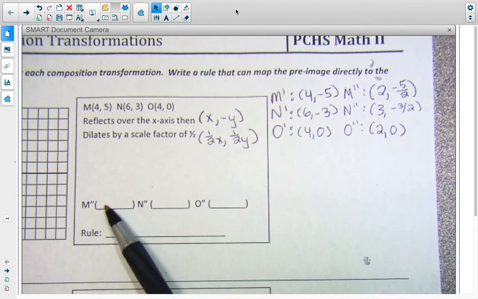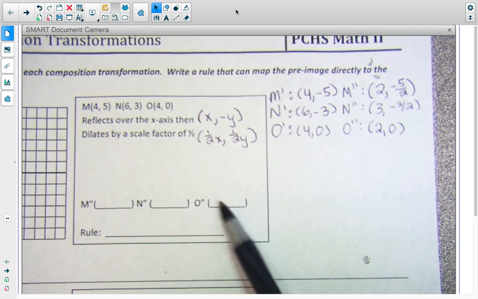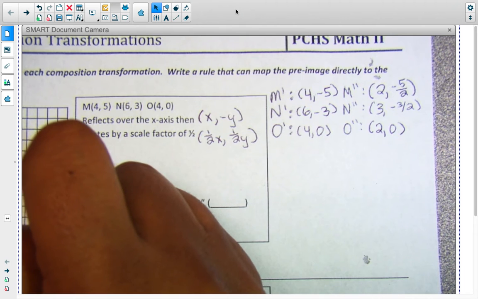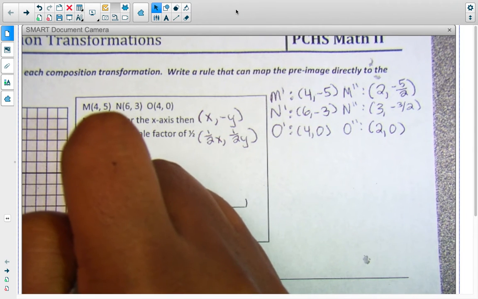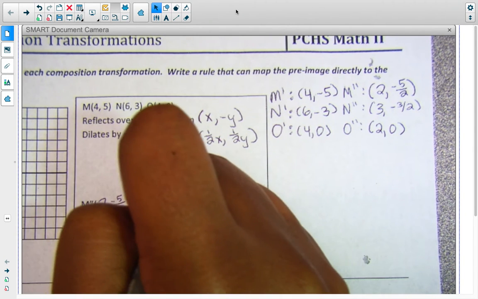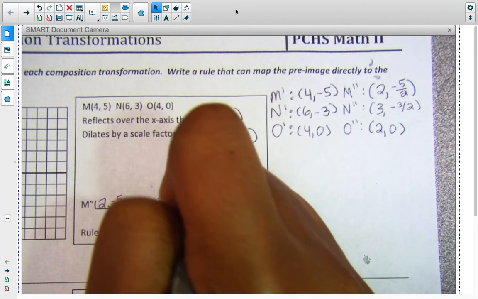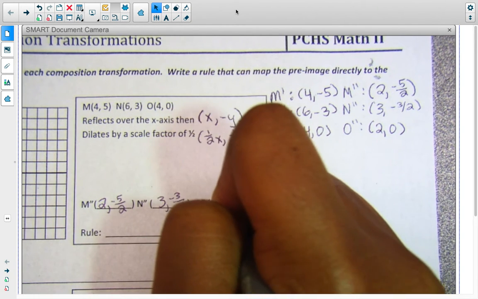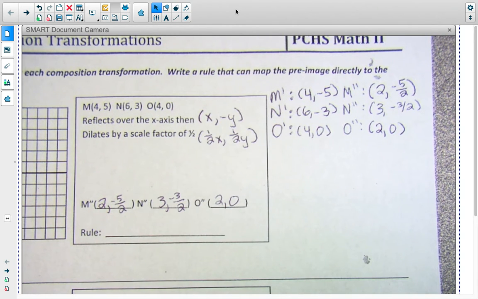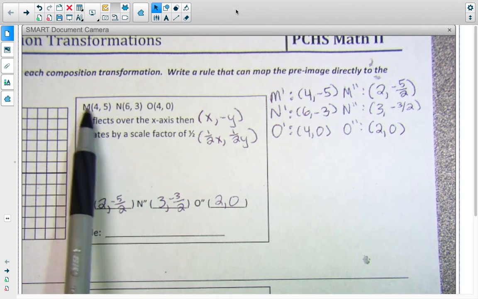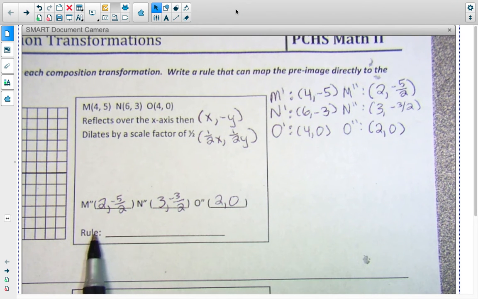Now it says to put M', N', and O' in the spots here so we can graph them. So this is going to be (2, negative 5/2), (3, negative 3/2), and (2, 0). Now, I want one rule that will combine us going from the pre-image all the way to our new image.